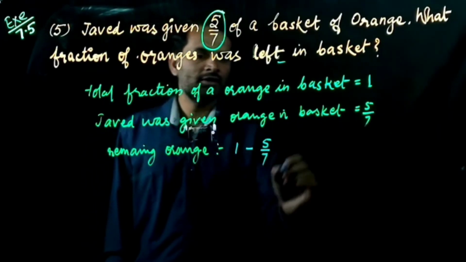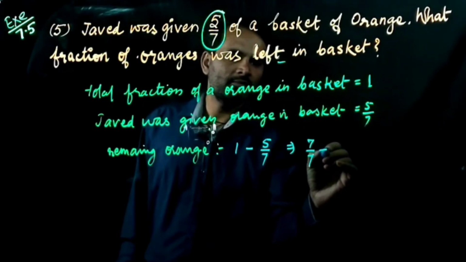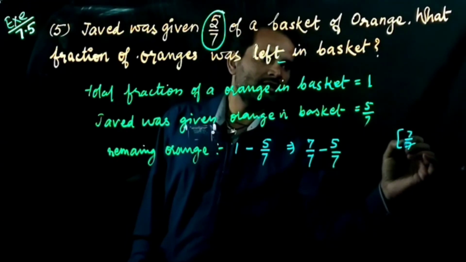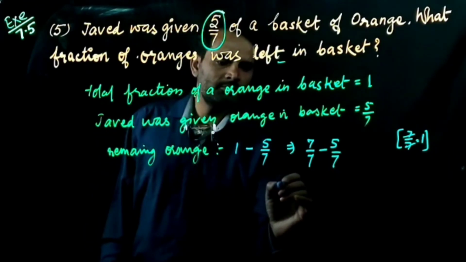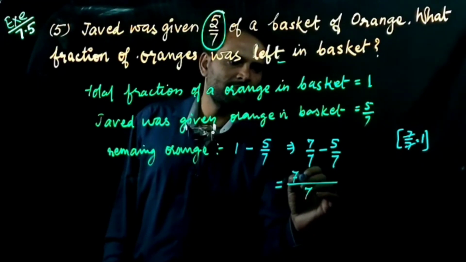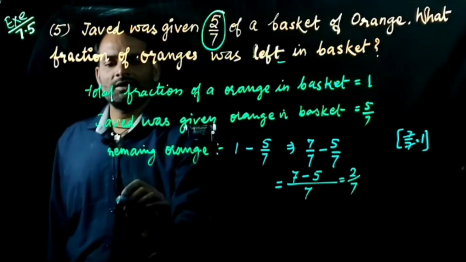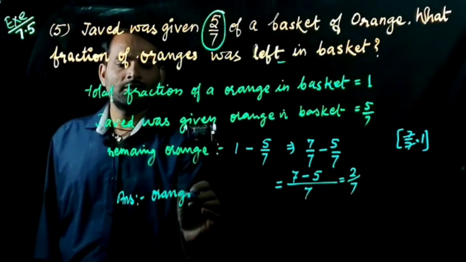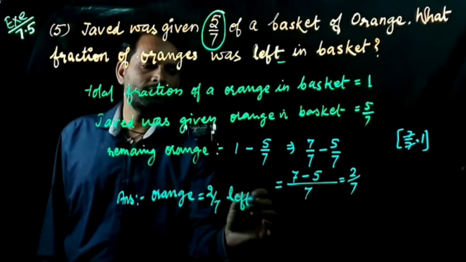You write 1 as 7/7 minus 5/7, because 7/7 after cancellation has the value 1. Then we solve: 7 minus 5 is equal to 2/7. It means the answer is 2/7 of the oranges is left.